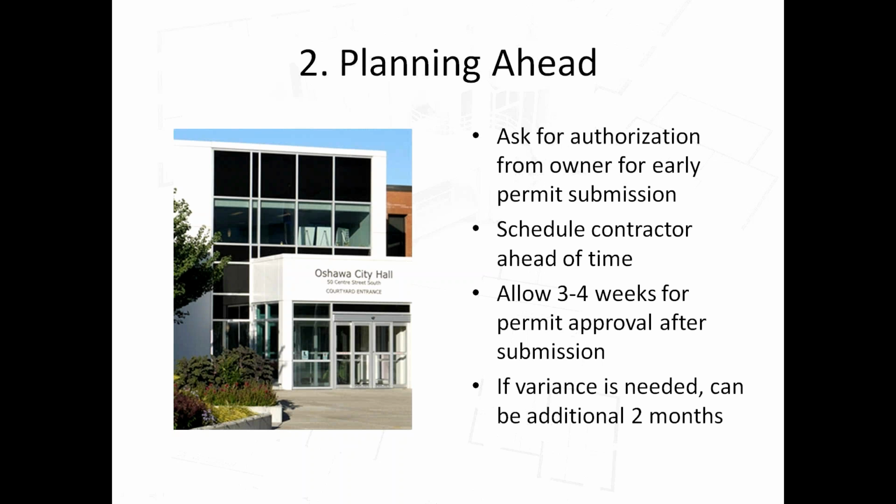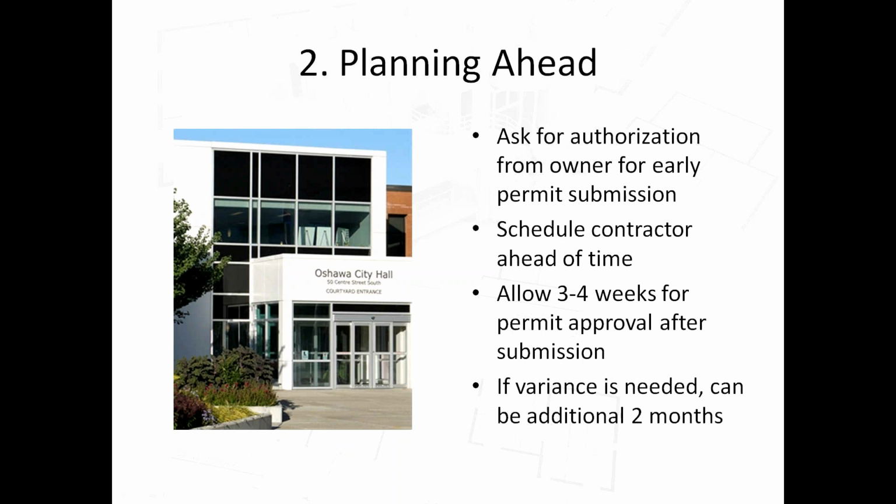So if you were to close on the property in 60 days, and if you're not able to submit the permit until the closing, then you probably want to allow another month on top of that before scheduling your contractor to come in, okay? And most contractors who are experienced and know what they're doing, especially in terms of secondary units, a lot of them are booked well in advance, at this point possibly 2-3 months or even more.